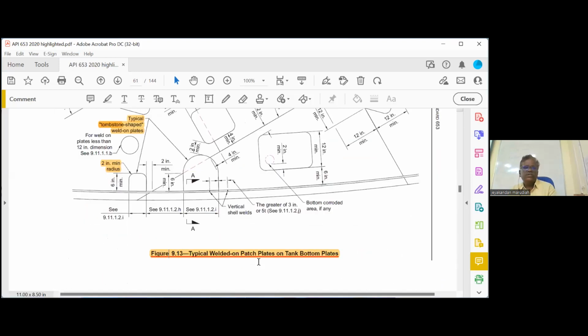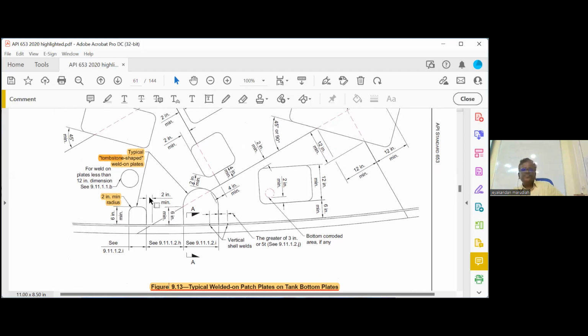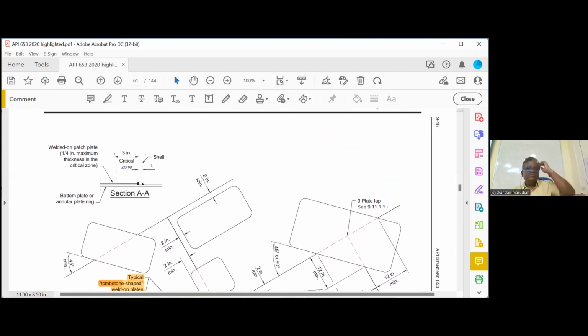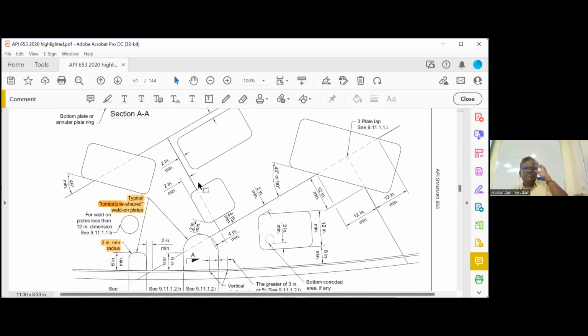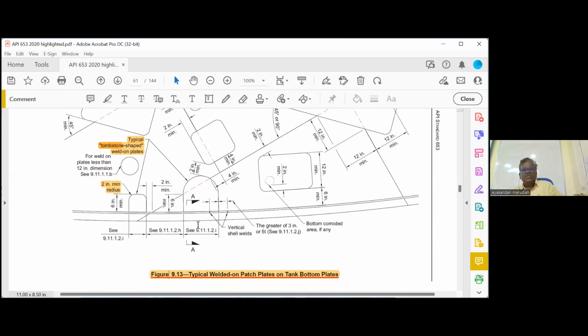Please go to the page number, figure 9-3, welded on patch plates on tank bottom, just to understand this drawing. Anything you are attaching shell to bottom weld should be tombstone shape. What should be the minimum dimension? Should be 6 inch. You can see the first one.